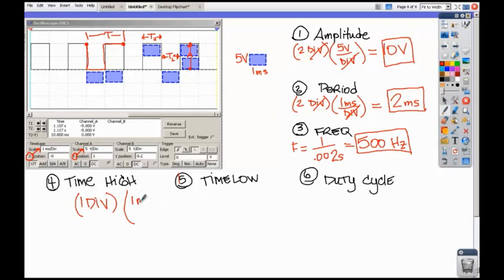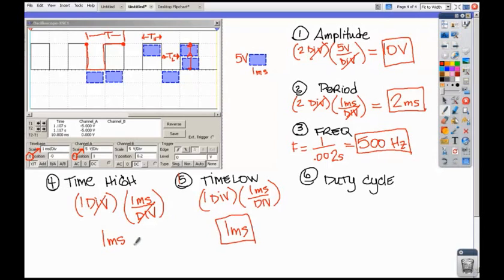It'd be 1 millisecond per division. So when I multiply that out, I get 1 millisecond. The work is the same here, so I'll just quickly rewrite that. And yes, our 1 millisecond for the time low and the 1 millisecond for the time high gets me back to my 2 milliseconds total.